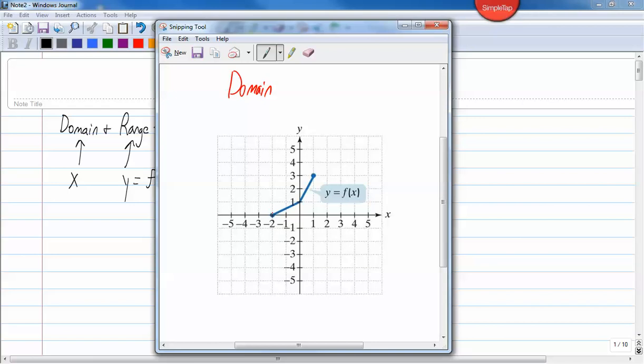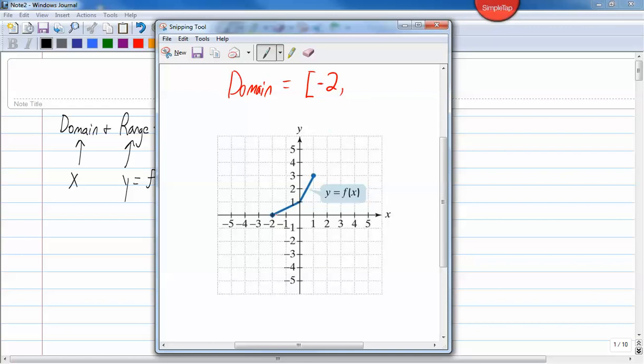So this is the smallest x value that touches the graph, or you could draw a line up and touch the graph at, and that's -2. Okay? Notice there's a shaded circle here. As long as it's not an open circle, that means that we include -2. And -2 is the smallest number in our domain. So the way that we can write that is a bracket with a -2.